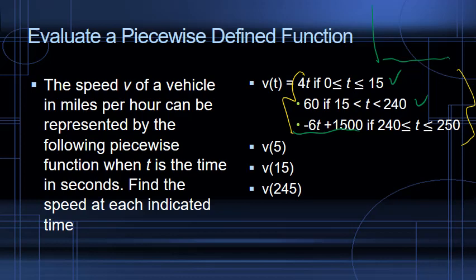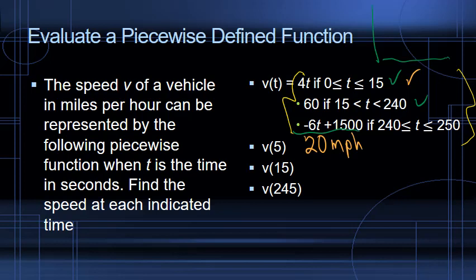And this would fall here in this first inequality statement, where 5 is between 0 and 15 seconds, and the measure of that is simply 4 times the number of seconds. In this case, that is 5, and so 4 times 5 is 20 miles per hour.